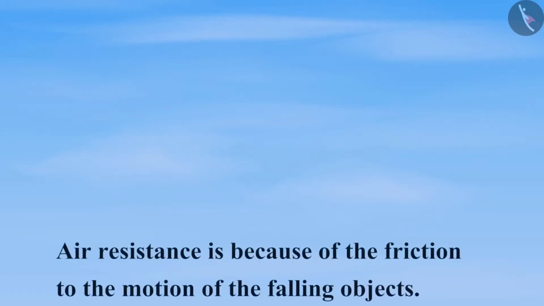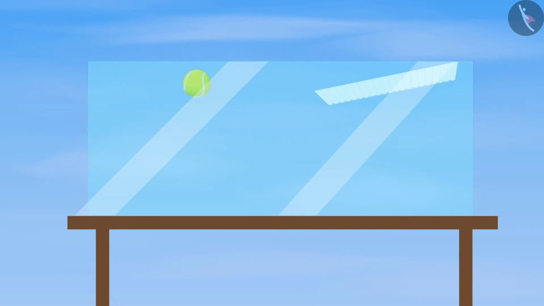We notice that the ball reaches the ground first and then the paper. This happens due to the air resistance. Air resistance is because of the friction to the motion of the falling objects. Here, the air resistance offered to paper is more in comparison to the ball. However, if we perform this activity in a glass box from which all the air has been sucked out, the paper and the ball will fall at the same rate.